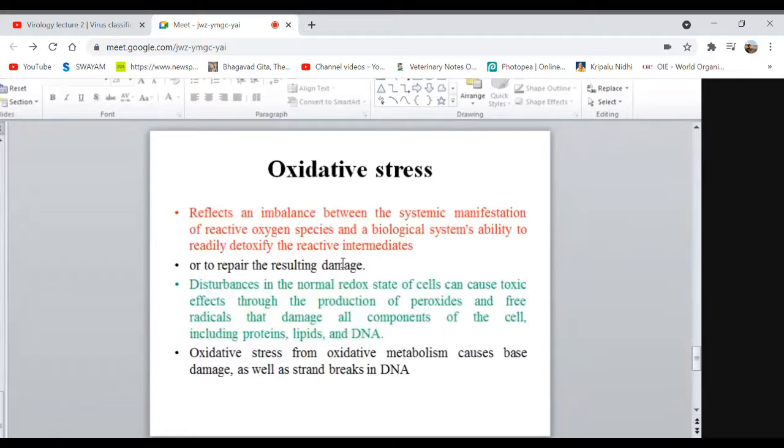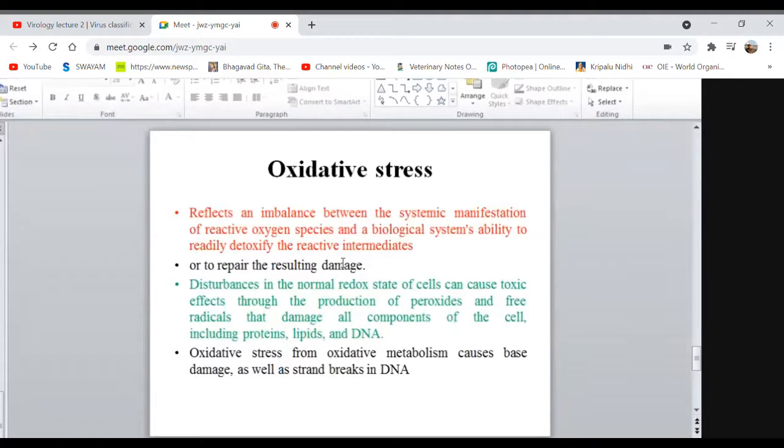Hydrogen peroxide, superoxide, hydroxyl ion are all prominent reactive oxygen species, considered predominant carcinogenic agents responsible for causing cancer in our body.